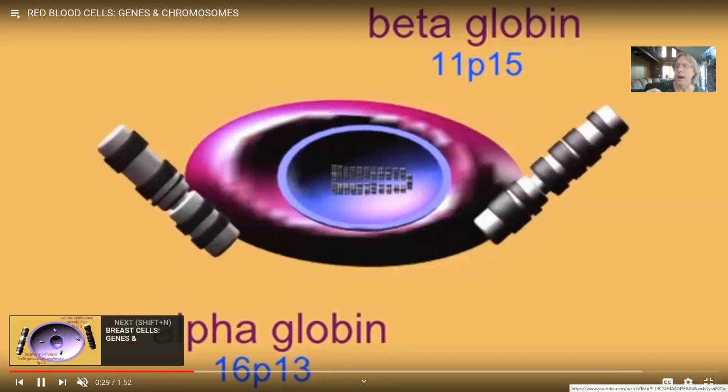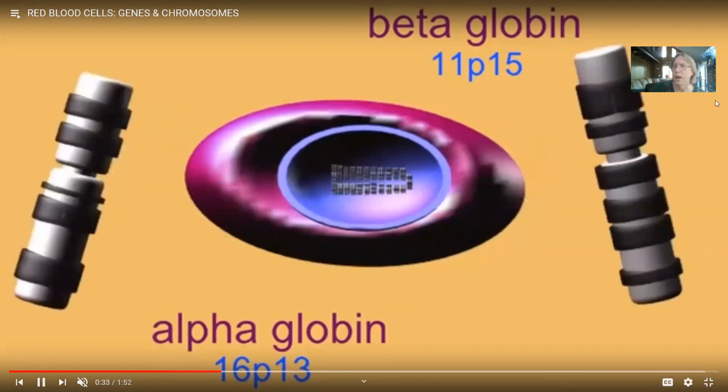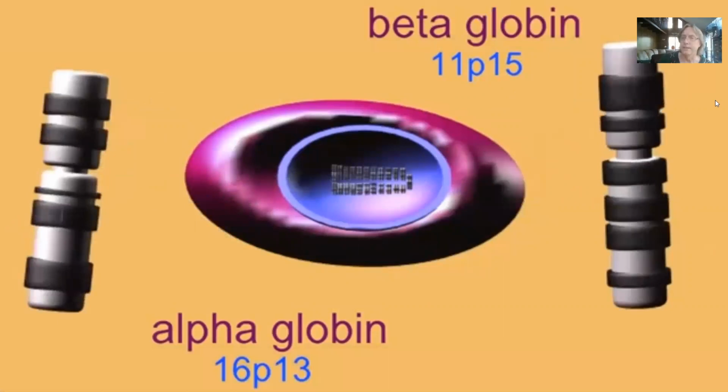And so the genes which this red blood cell precursor will use are on different chromosomes. So keeping track of the inheritance of chromosomes, whether any chromosome has a deleted region or a duplicated region, is important.